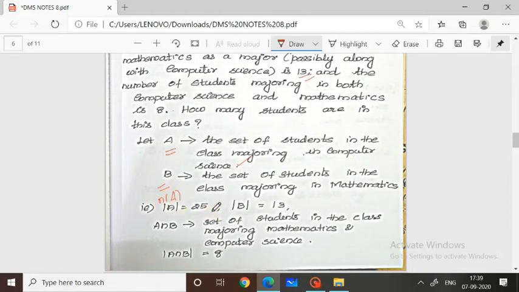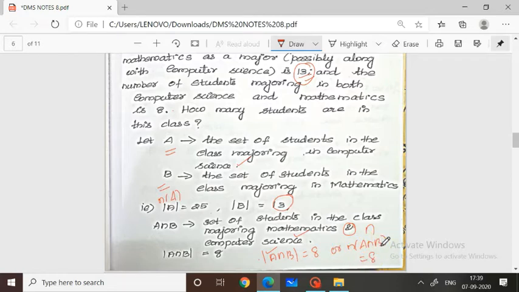Let us take |B| equal to 13. Therefore A intersection B is the set of students in the class majoring in mathematics and computer science, and |A intersection B| is equal to 8.